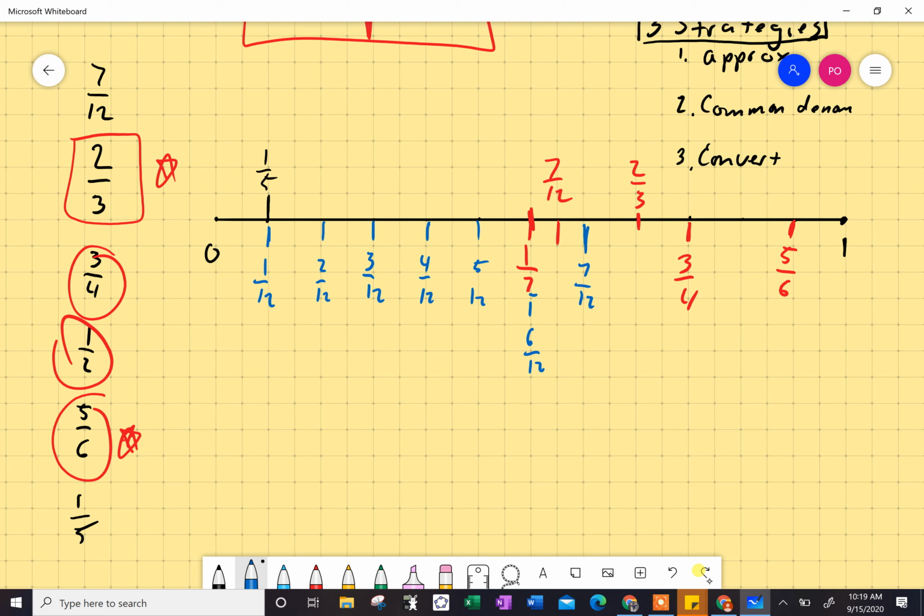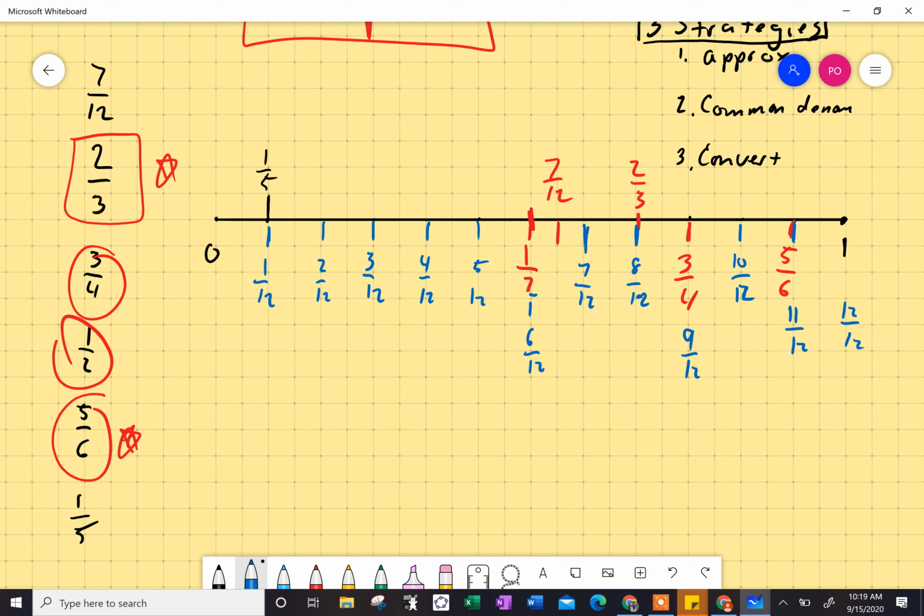Oh, look, we were pretty close. 8/12, 9/12, 10/12, 11/12, and then 12 twelfths, which is 1.